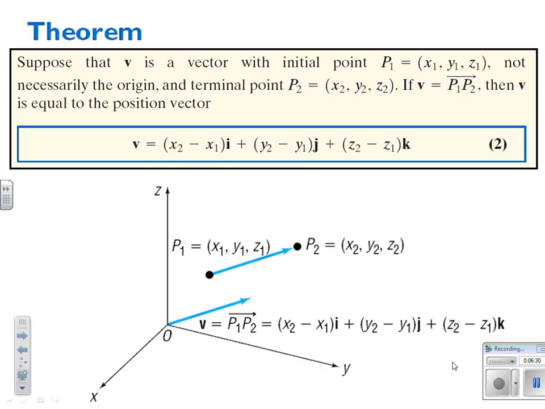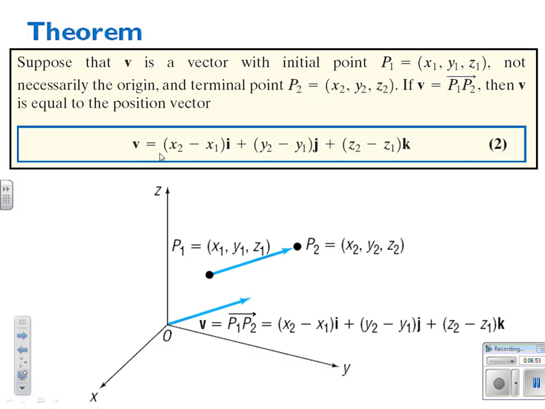Okay, so there's a little rule with vectors. It's easier to fuss with vectors when they start at the origin. So if you have a vector that does not begin at the origin, we usually will find its position vector and go ahead and move it back to the origin.